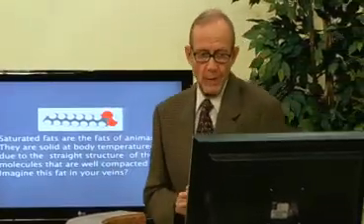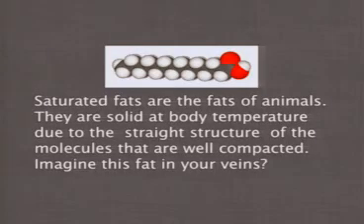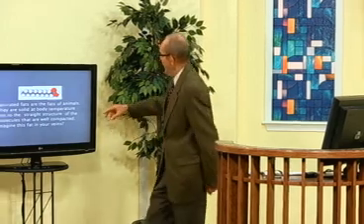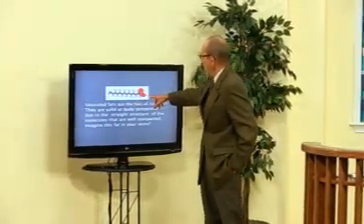Here we got the saturated fat. Saturated fat, as we all know, comes from animals, right? That's the animal fat. Now, at room temperature, we also know that animal fat, like schmaltz from the pigs or butter from the milk, all these fats are usually solid at room temperature. And the reason is that they have a straight molecule.